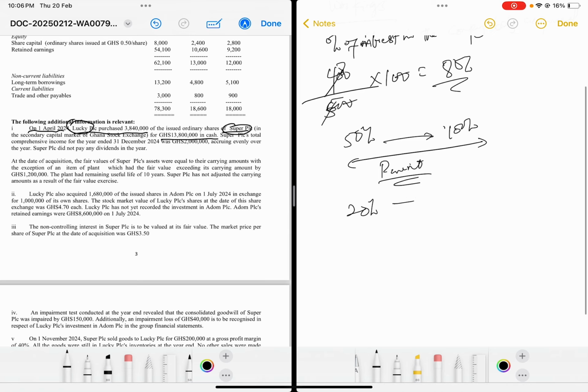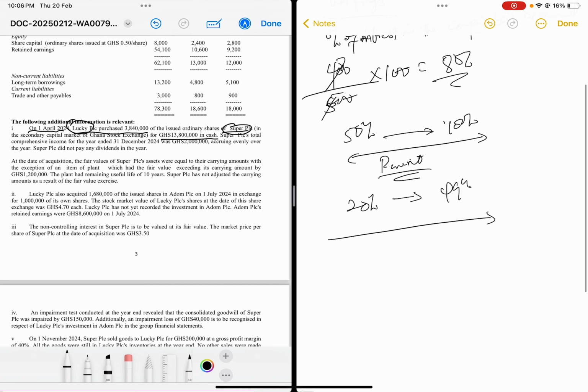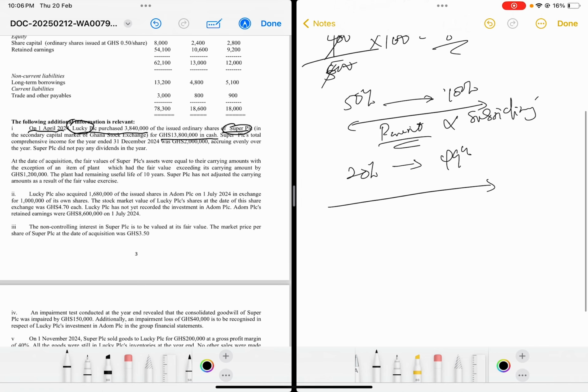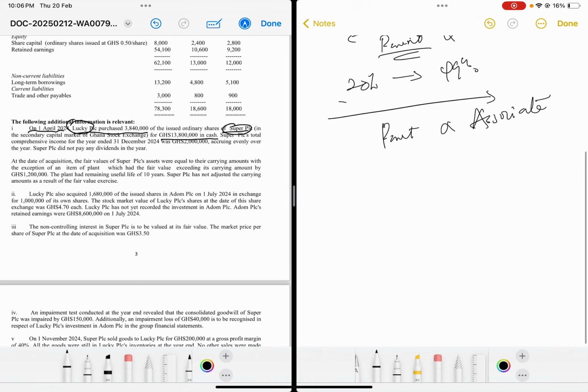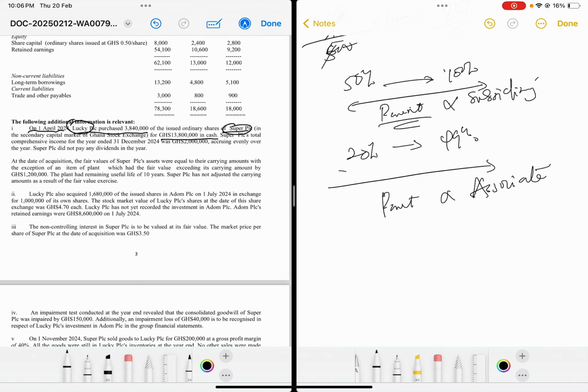If it's from 20% to 49%, then we have a parent and associate relationship. So when you find that interest and it's 50 to 100, you say it's parent and subsidiary. If it's 20% to 49, you say it's parent and associate.